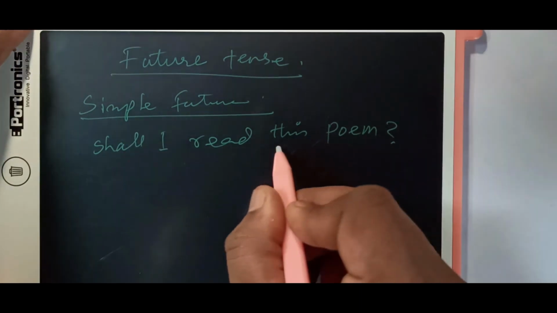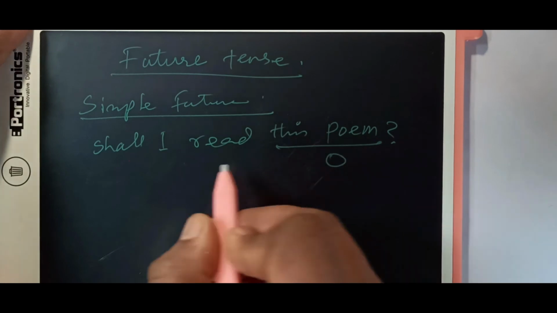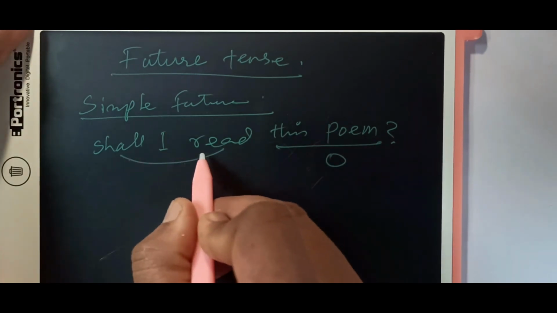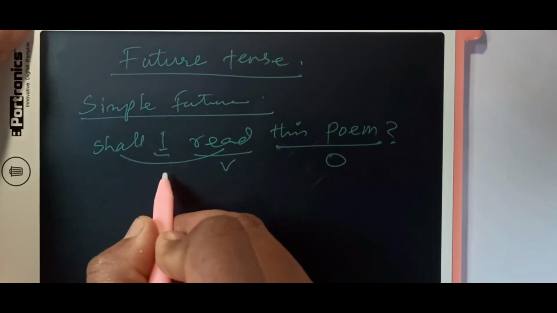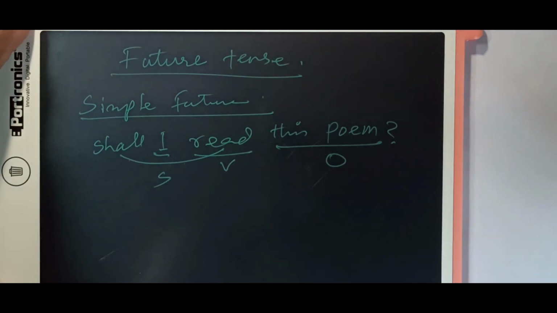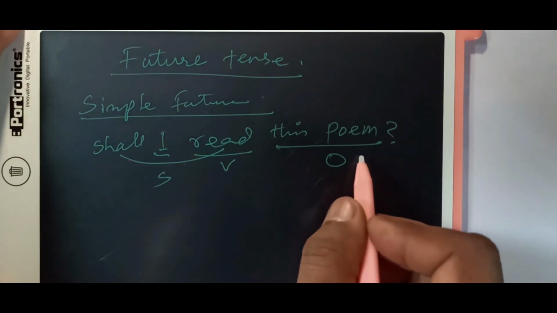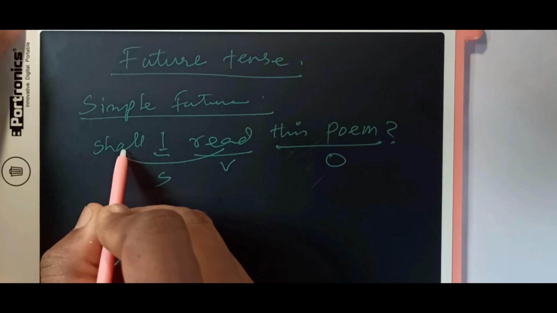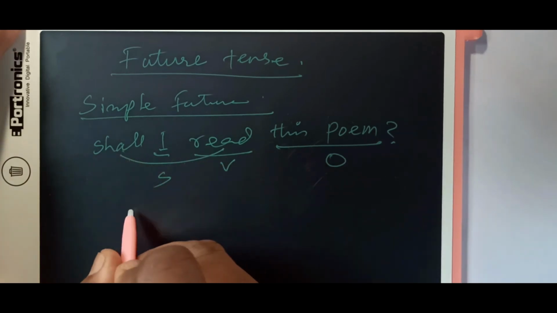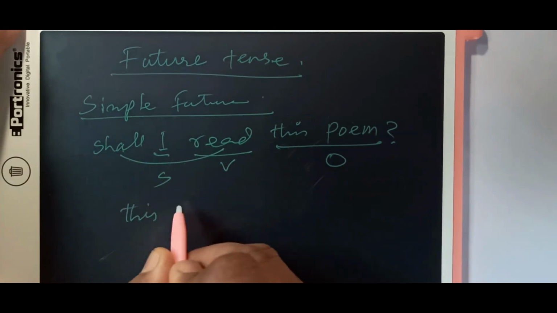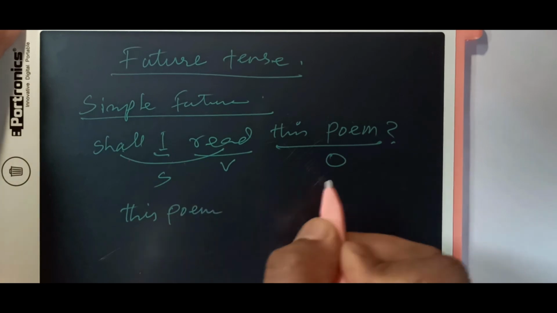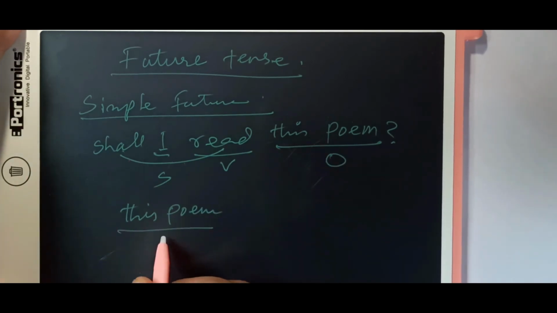So this is our object, this together is our verb, and this is our subject. As a matter of fact, subject becomes object. Now, whatever we bring here, this poem, the object becomes our subject.